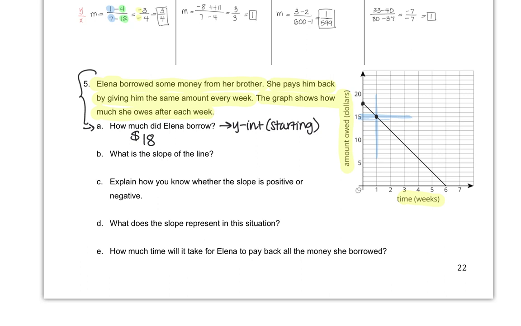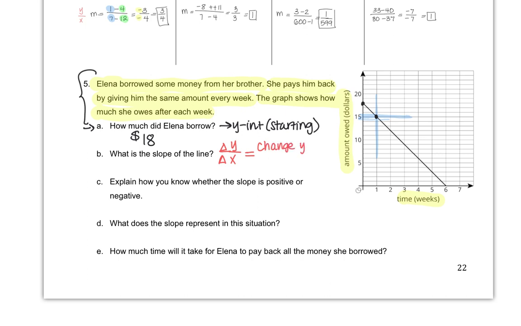So if we look at our slope here, we have our slope formula. Remember, we have y's on top and x's on the bottom. So one symbol that we can use here is a triangle. So we have triangle y over triangle x. The triangle means change.